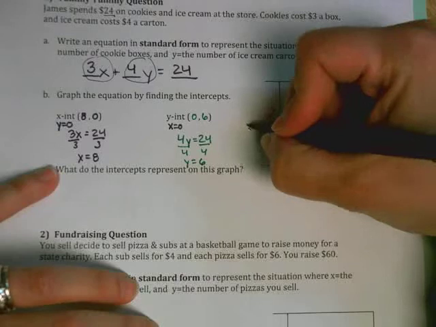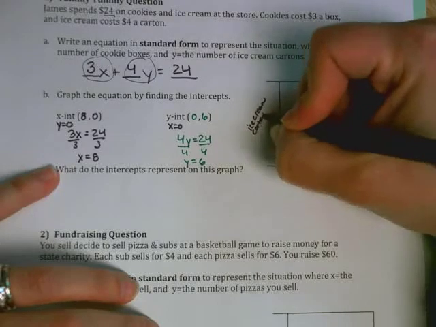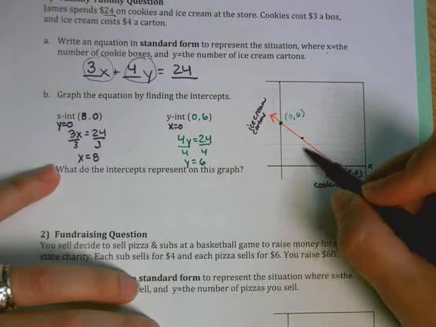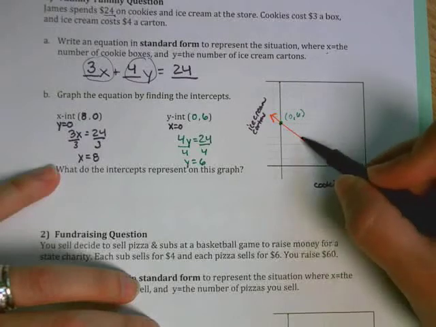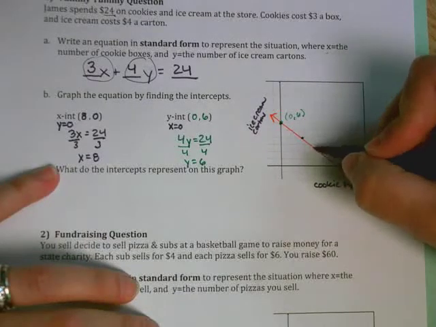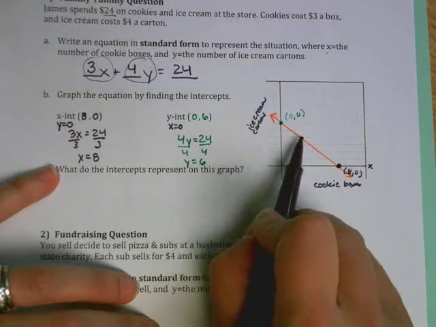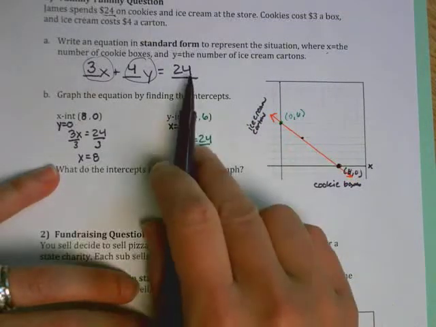And the y was ice cream cartons. Somewhere around 3 cookie boxes and 4 ice cream cartons. And we would be able to spend that $24. Now, looking at this, I'm not sure that it hits exactly at any perfect point to give us whole numbers. It might be that we don't have very many good combinations that would make up this $24.